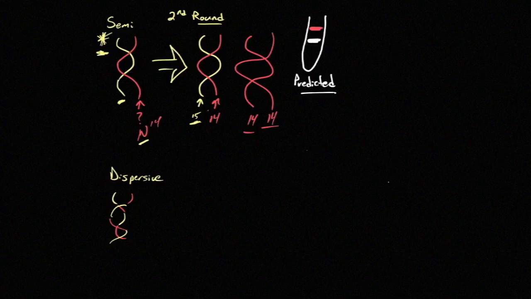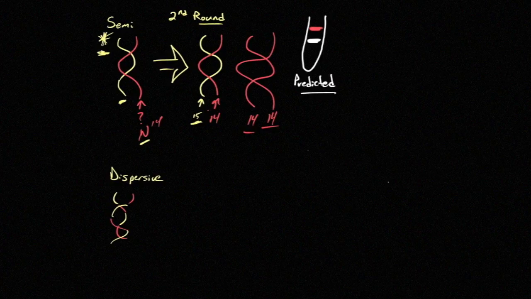Okay, good. Now, if we did the dispersive, then what we'd expect to see is what? 2 strands, rather, and each strand having a combination of 14 and 15, right?